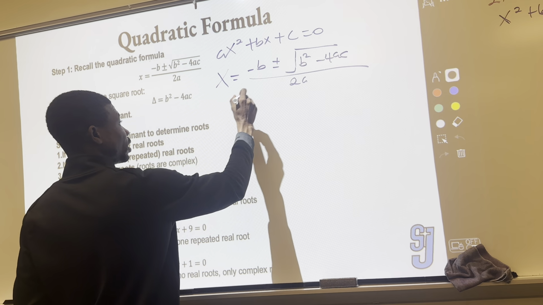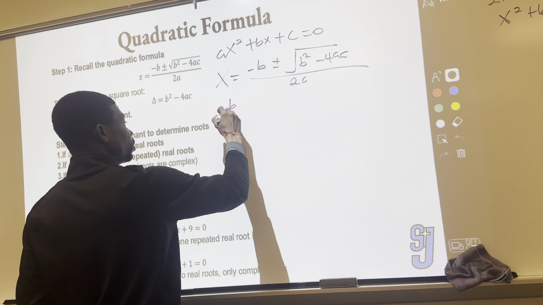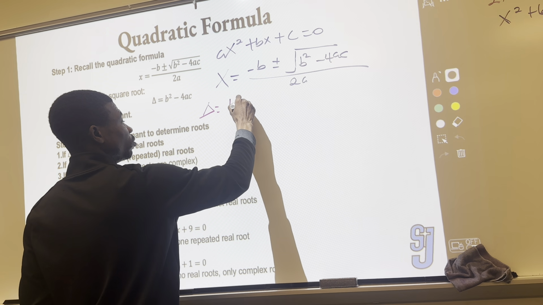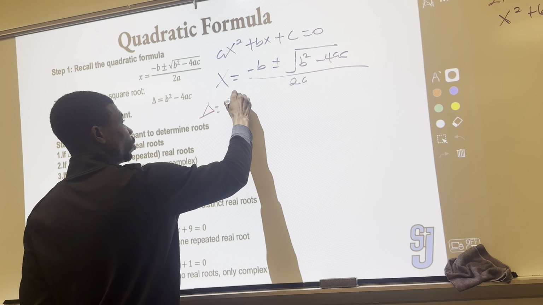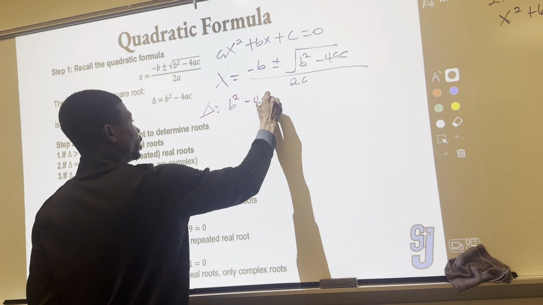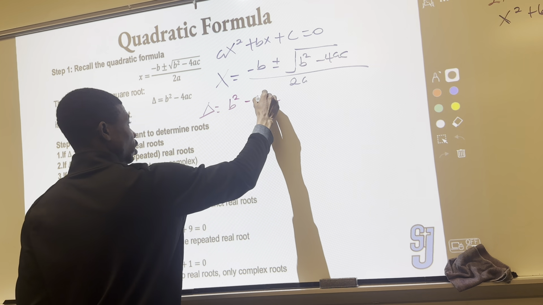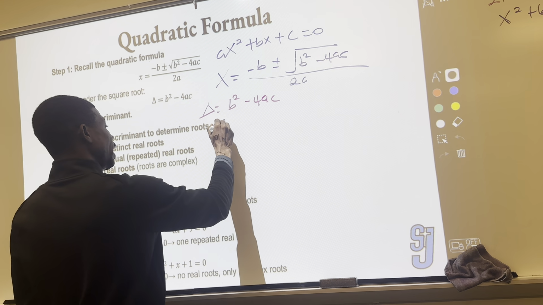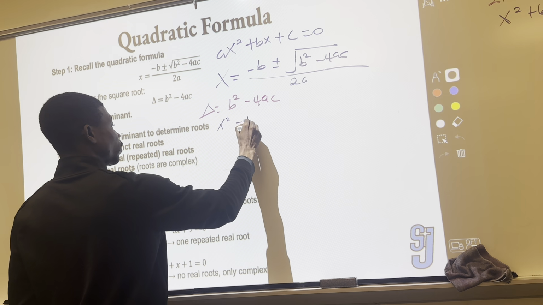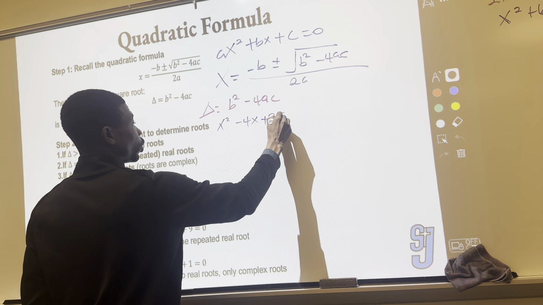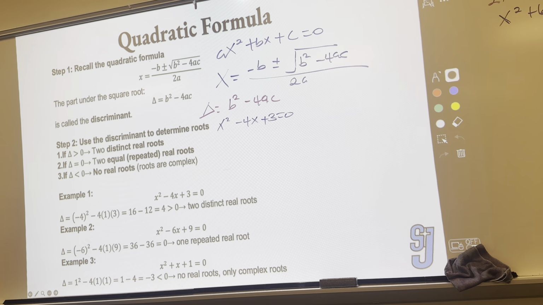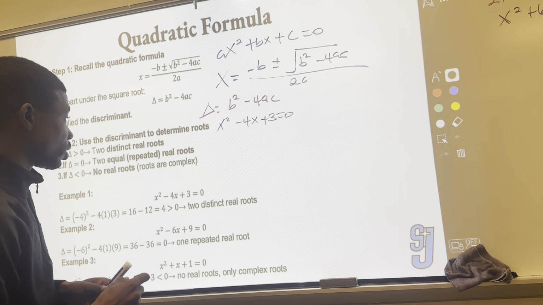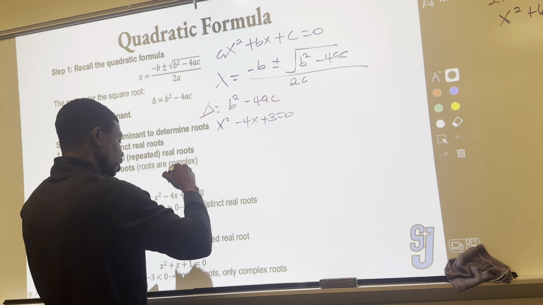So I test using the formula b squared minus 4ac. Now I have the equation x squared minus 4x plus 3 equals 0. So this is the equation I have.